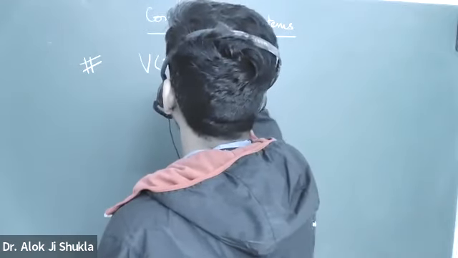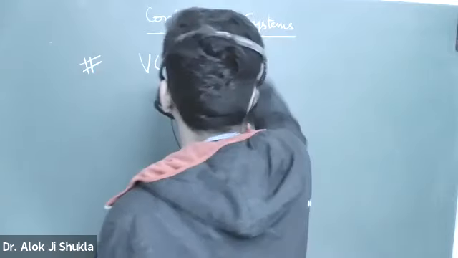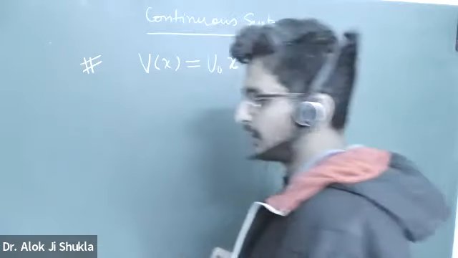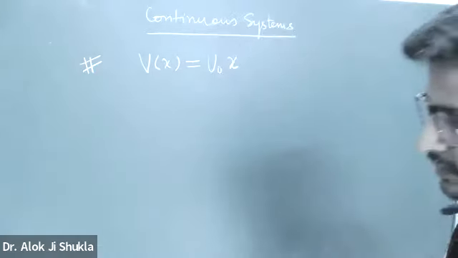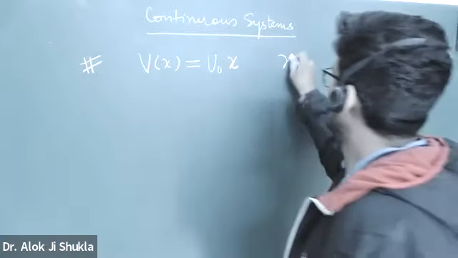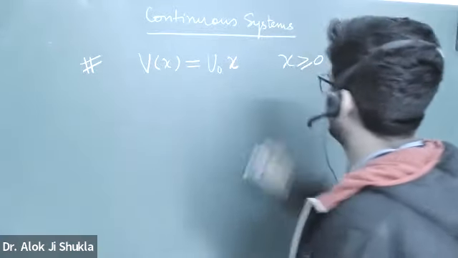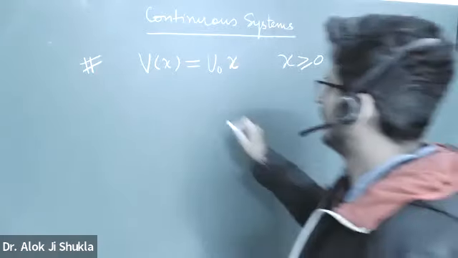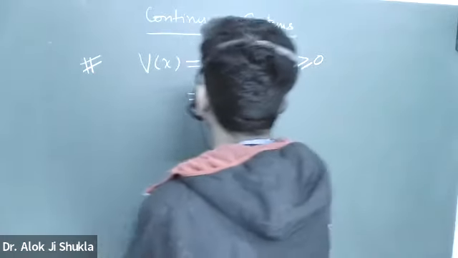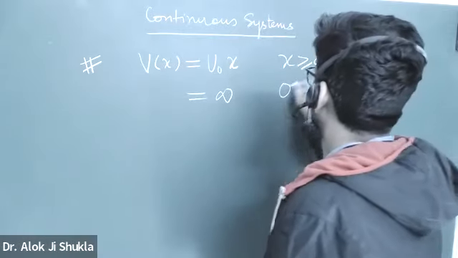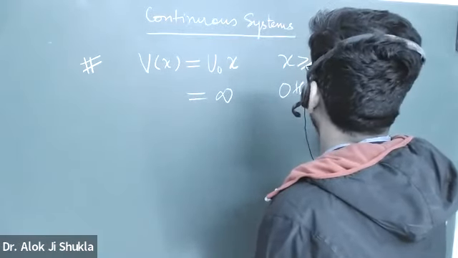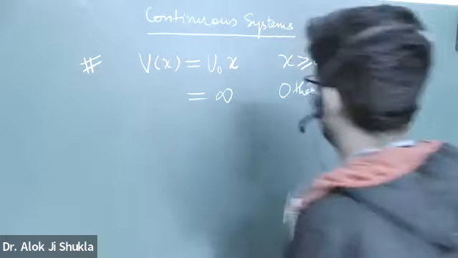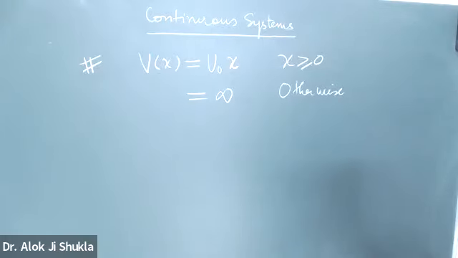Vx is equal to some u naught x, where u naught is some constant. The value of this potential only exists for x greater than 0, and otherwise the potential is infinite.